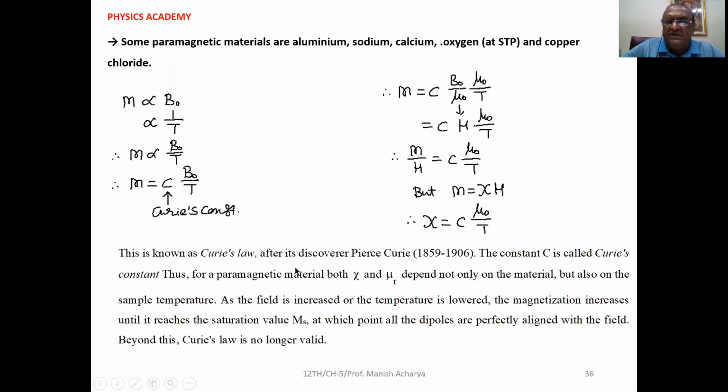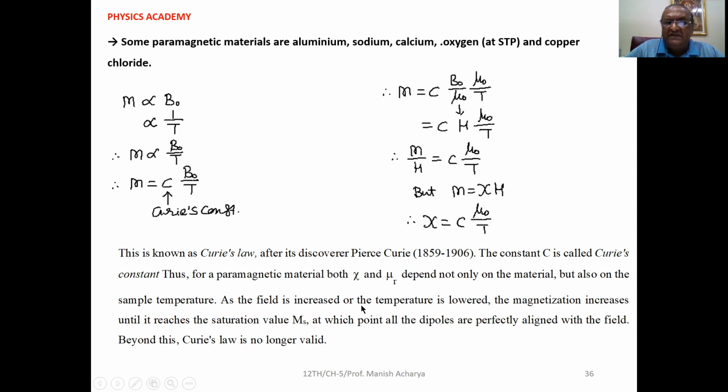Now this equation is known as Curie's law, after its discoverer Pierre Curie. The constant C is called Curie's constant. Thus, for a paramagnetic material, both chi and mu r depend not only on the material but also on the sample temperature.